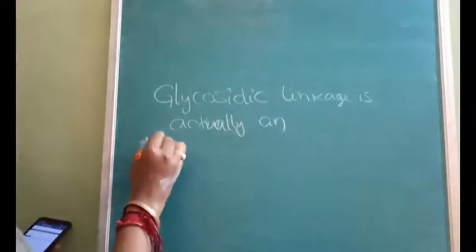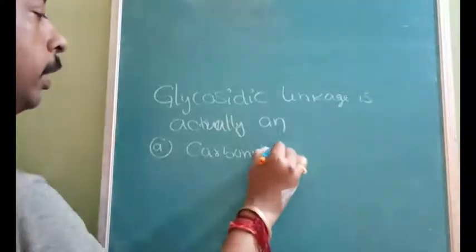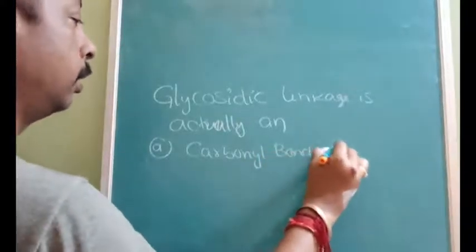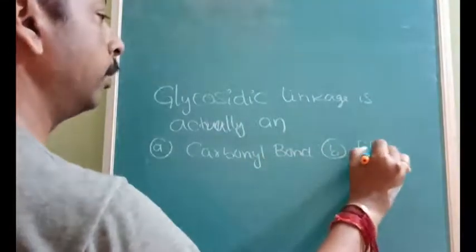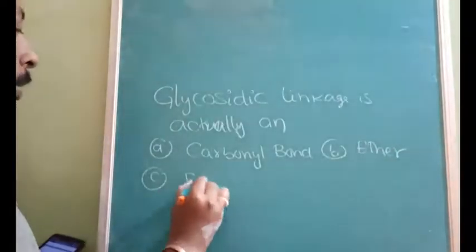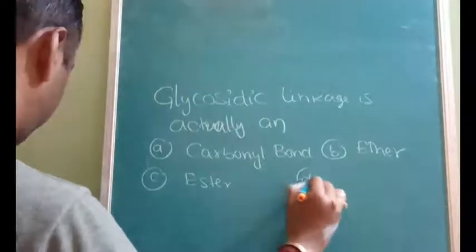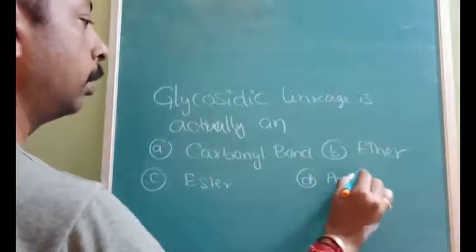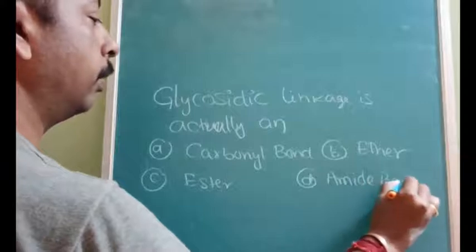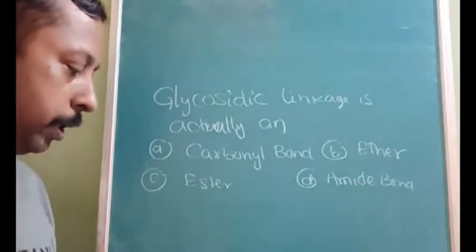Option A, carbonyl bond. Option B, ether bond. Option C, ester bond. Next, option D, amide bond. Okay, these are the options. Is it understood? Now think and give me the answer.